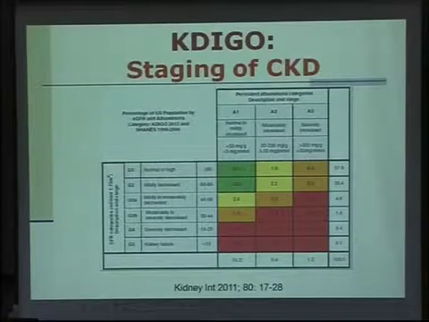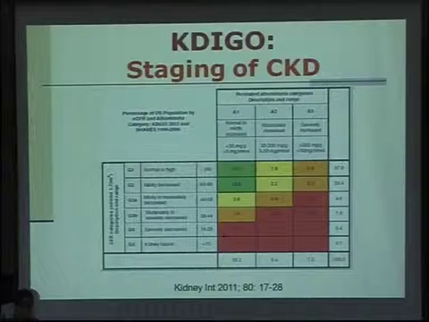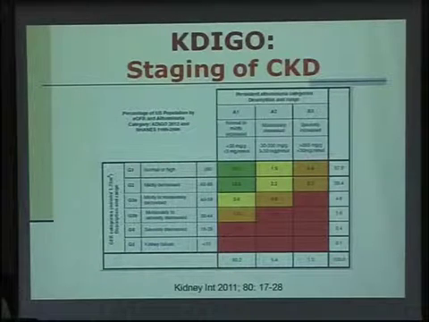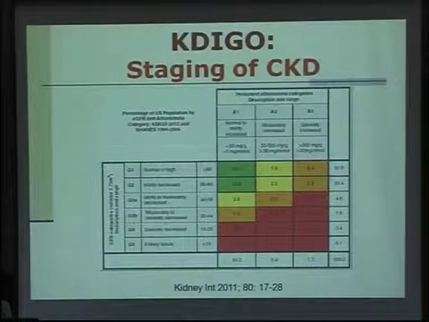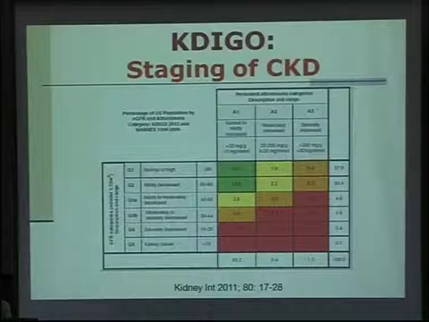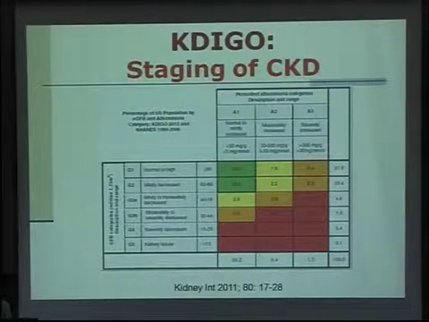Because if we apply the cutoff point of GFR above 90, then all the world suffers from chronic kidney disease. No, to say estimated GFR above 90 is stage 1 chronic kidney disease, I should have abnormal urine analysis.